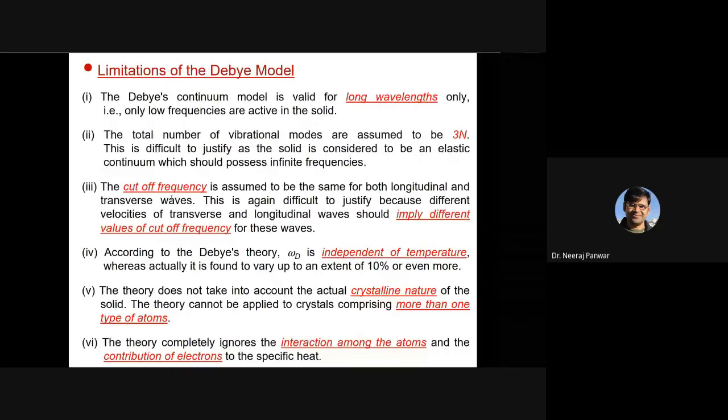In the Debye model, there was a maximum frequency that any oscillator can possess, and this maximum frequency was defined as the cutoff frequency. This cutoff frequency is assumed to be the same for both longitudinal and transverse waves. If we recall, in the Debye model the solid was considered to behave like sound waves.